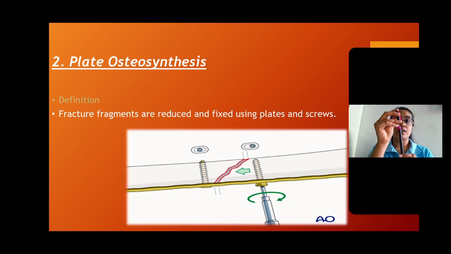For this fracture of the shaft of the femur, we use a plate-like structure. Imagine this is a plate. We use this plate to fix the fracture and fix it with the help of screws, proximal and distal.